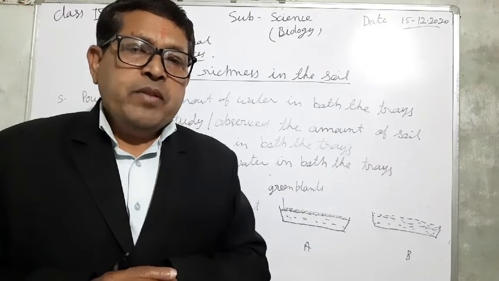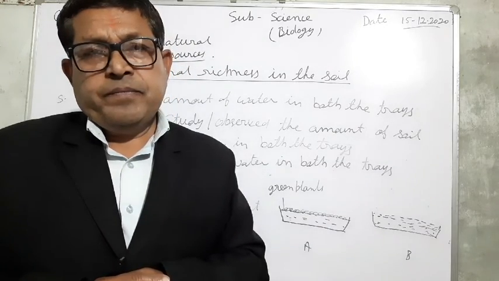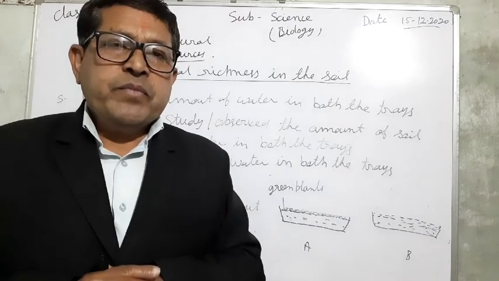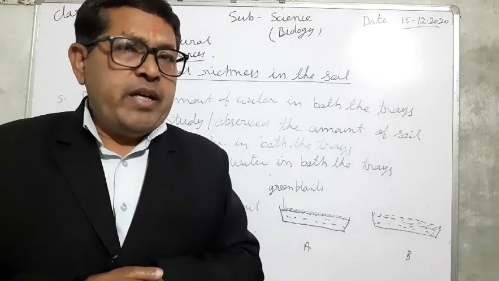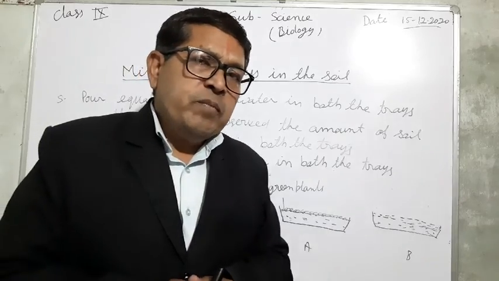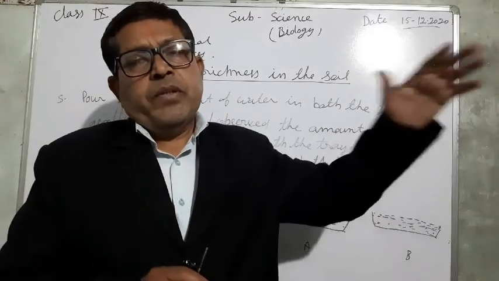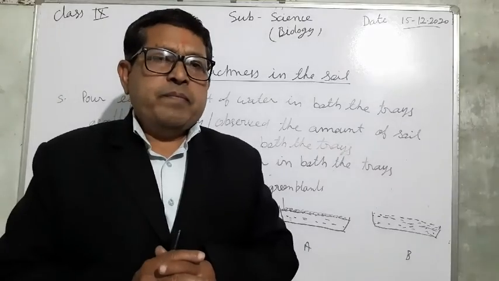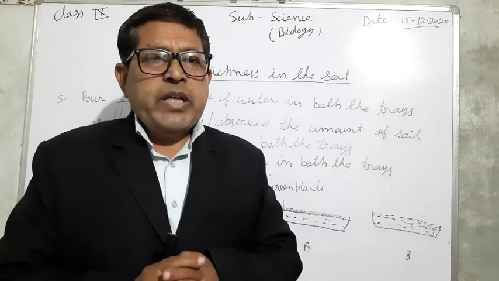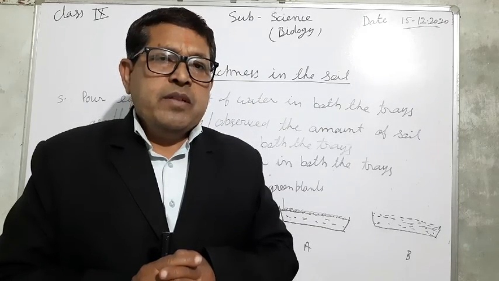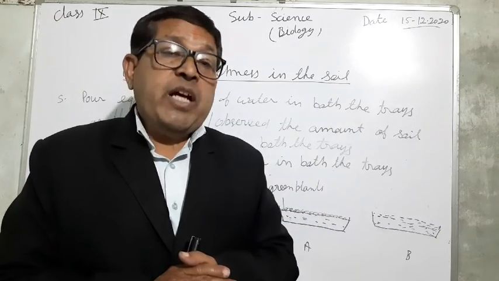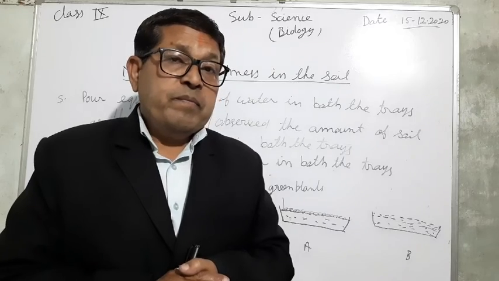So in this way we can say that plants prevent soil erosion as they bind the soil particles, and they also make a cover on the soil, so they reduce the speed of the flowing water.